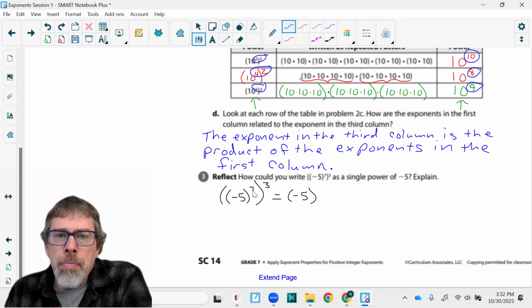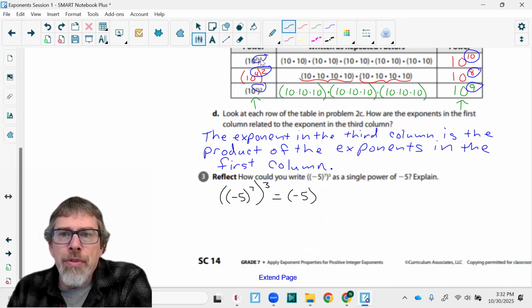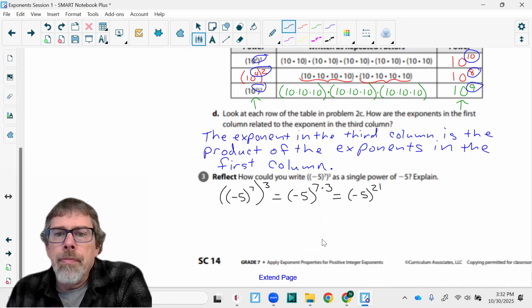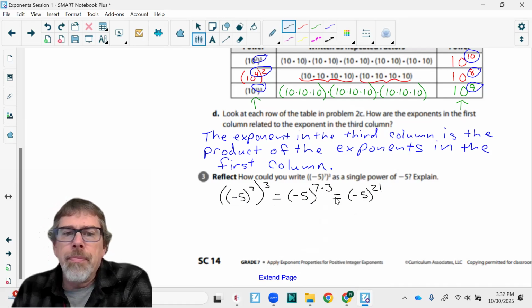So you take this power here. What do we do here? 2 times 5 gave us 10. So I'm going to show my work. It's going to be 7 times 3. And that's going to equal -5 to the 21. There is a single power of -5.